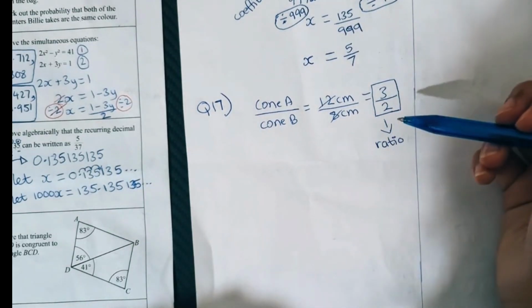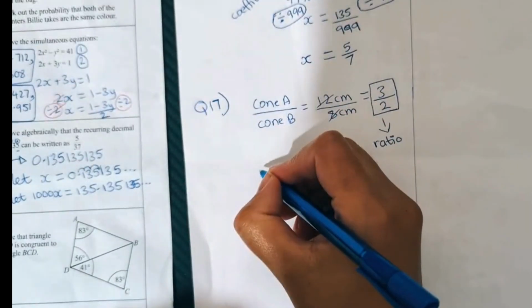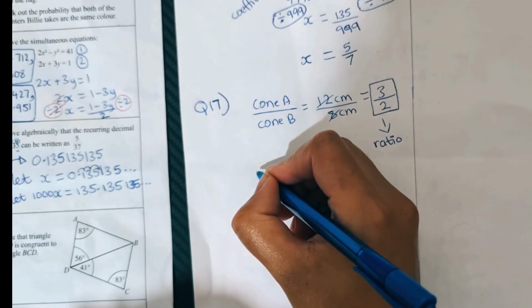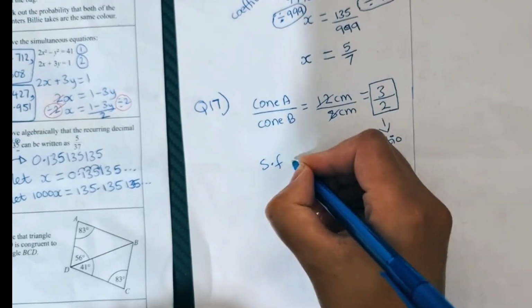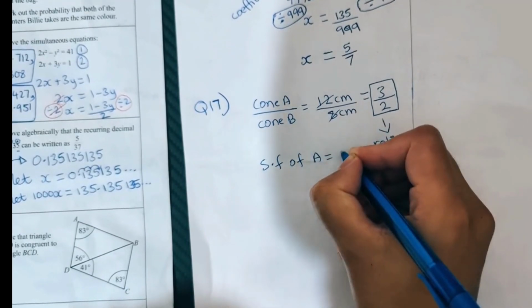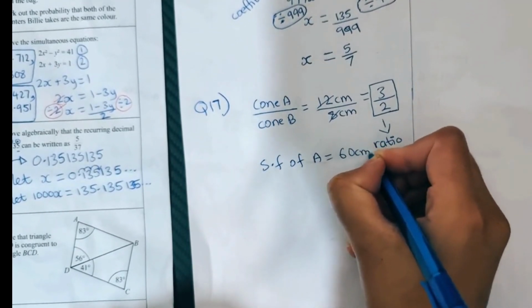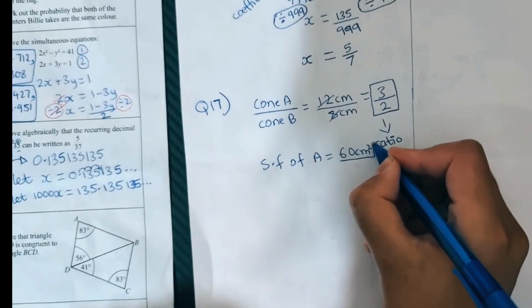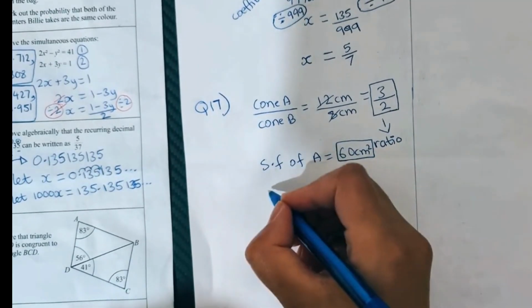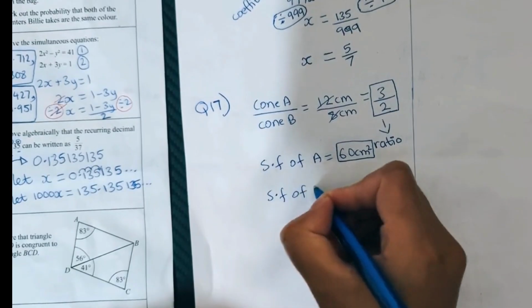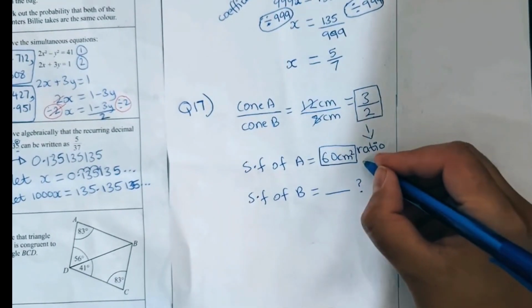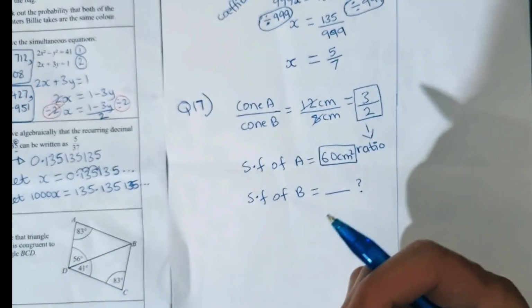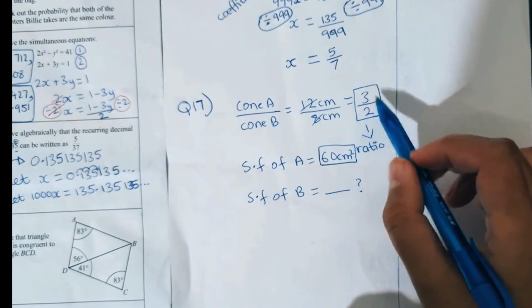Okay, so I've got the ratio now, and the surface area. The way that works is, the surface area, I'm just going to write down SF of A, we knew was 60 centimeters squared. Now to work out the surface area of cone B, which we don't know yet, what happens with surface area is the ratio is not just going to be 3 over 2.